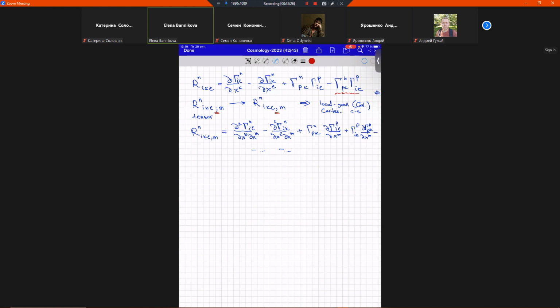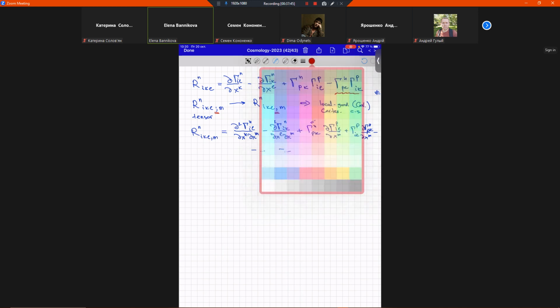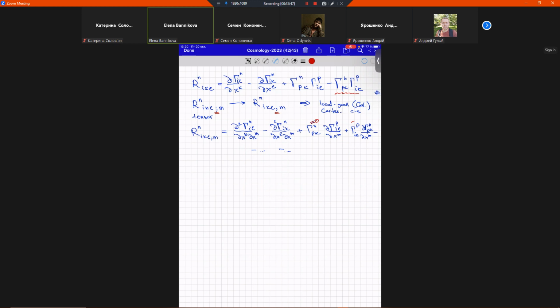So now we will look at this, and yes, as you remarked, this is right, that in this Cartesian coordinate system, all Christoffel symbols equal 0. Why do we like to use this system? So they are 0. This is 0. So this will be 0. This will be 0.